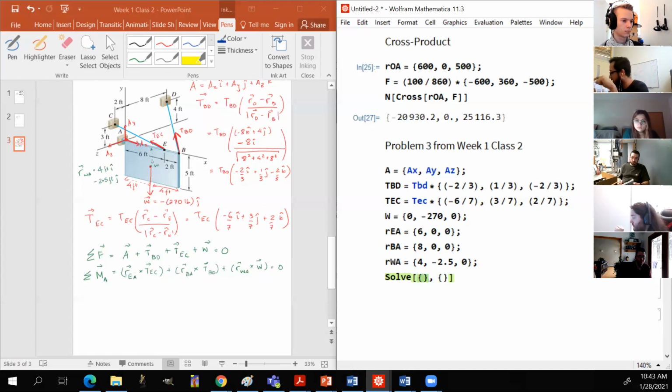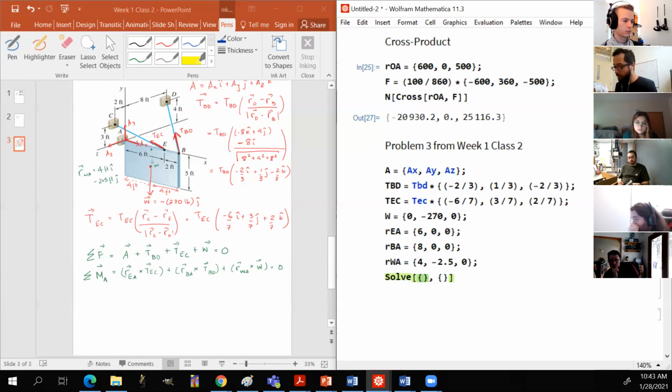So here we just have our force equation and our moment equation, right? And the beauty with Mathematica is that you can write out all your 3D equations as one, and then just specify what variables you're solving for, right?